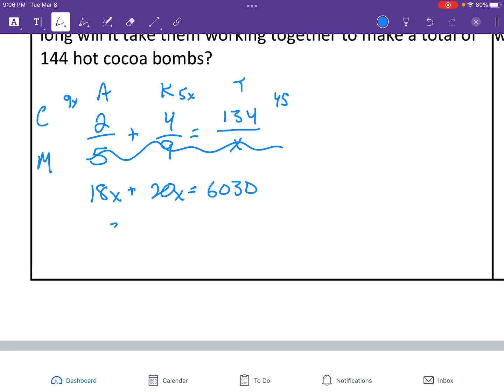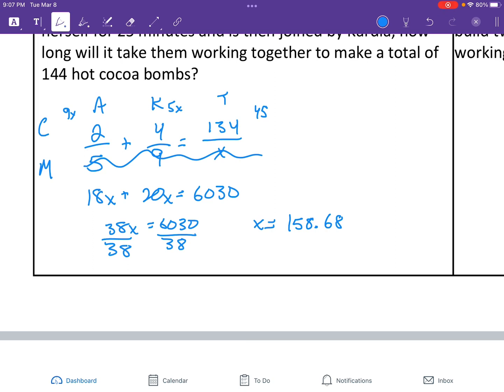So combined, you get 38x equals 6030. Divide by 38 on both sides. So x will equal, let me do my calculator here, 158.